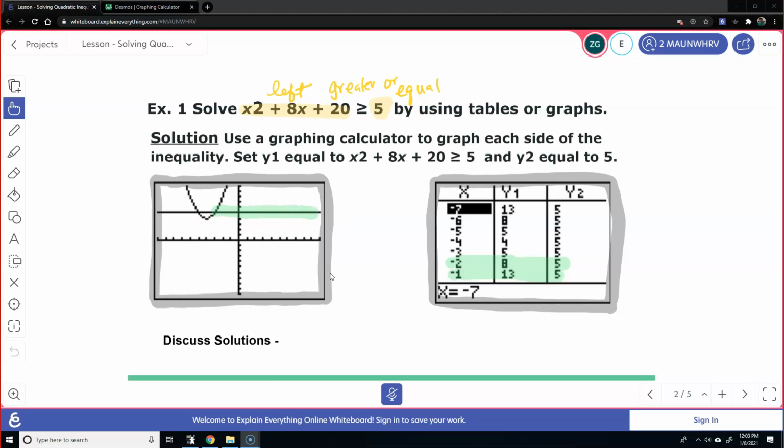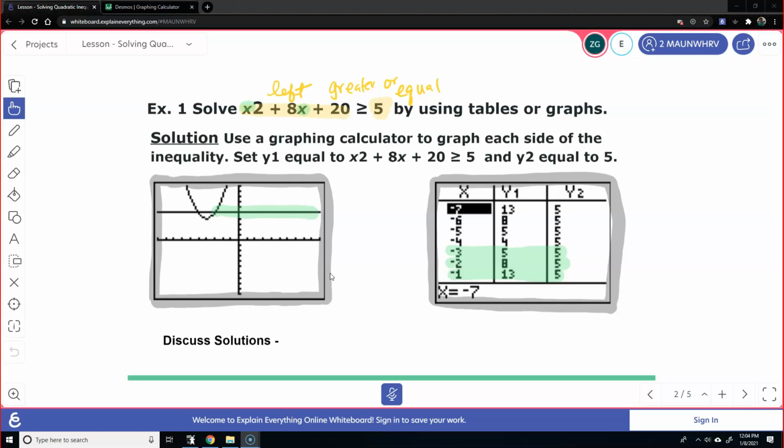And then we're at -3. We're going to input -3 here for x, and we want to see what comes out of the left side. On the left side, we have 5. So is 5 greater than or equal to 5? We would say yes.